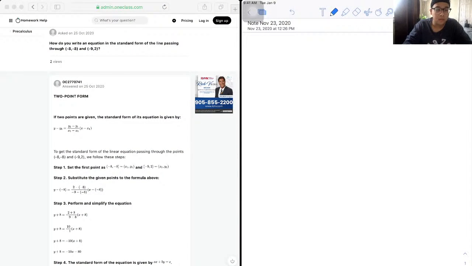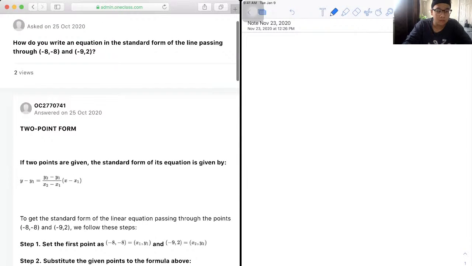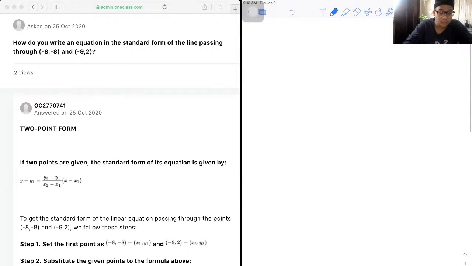Okay, the first question is how to write an equation in the standard form of the line passing through -8, 8 and -9, 2. So first, let's copy down the question.